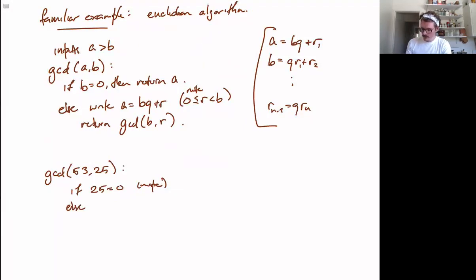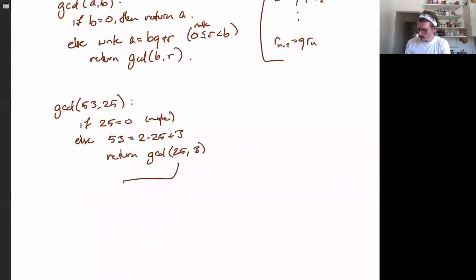And otherwise, we write, let's see, 53 equals 2 times 25 plus 3. This is our division theorem. And we will return the GCD of 25 and 3. So this is our first recursion.